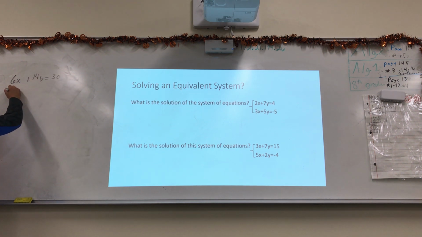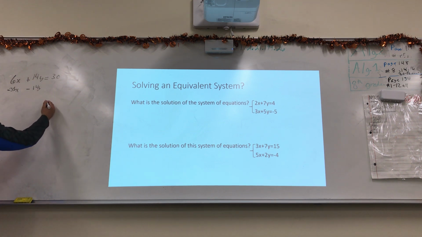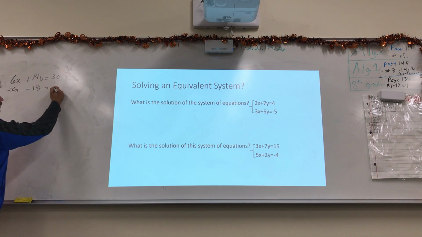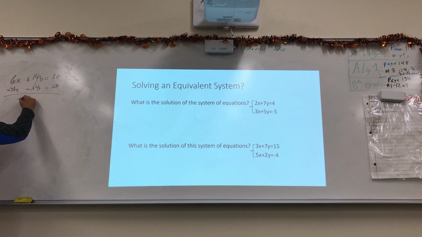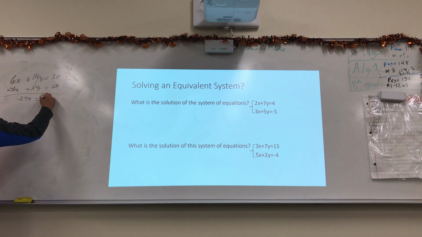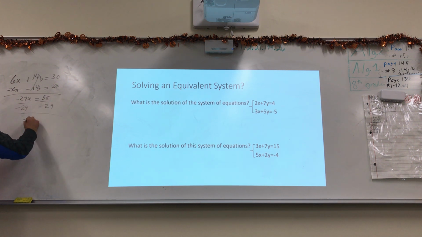The bottom though, I'm going to have to multiply by negative 7, so I get negative 35x minus 14y equals, it's a negative and negative, so this is going to be 28. These are gone. That's going to leave me with negative 29x equals 58. Divide by negative 29. x equals, I'm pretty sure that's a negative 2.